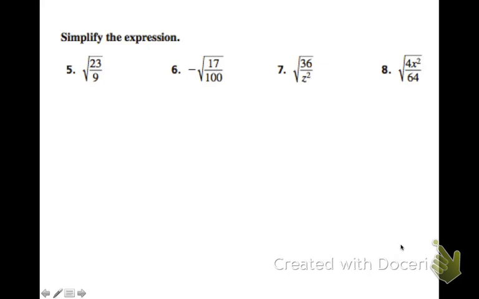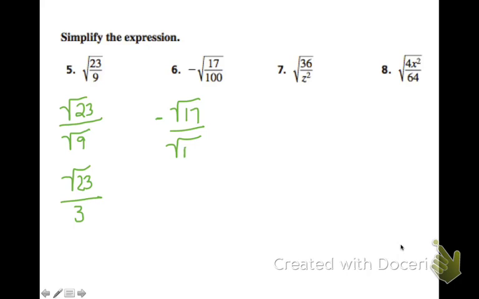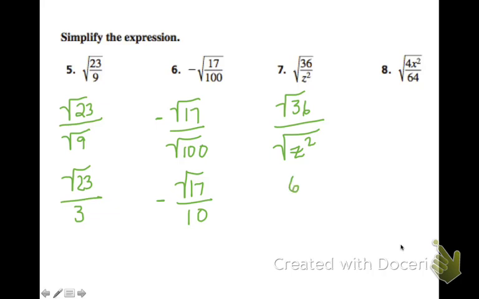So let's go ahead and simplify these. This will be the square root of 23 over the square root of 9, which will equal the square root of 23 over 3. In this case, square root of 17 over square root of 100. Remember, the whole thing is negative. So negative square root of 17 over 10. Square root of 36 over square root of z squared equals 6 over z.